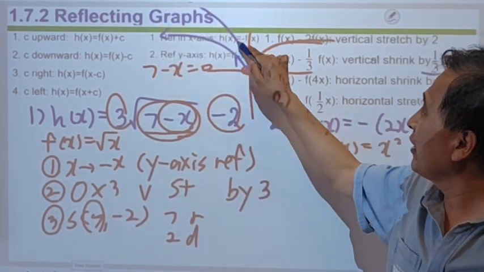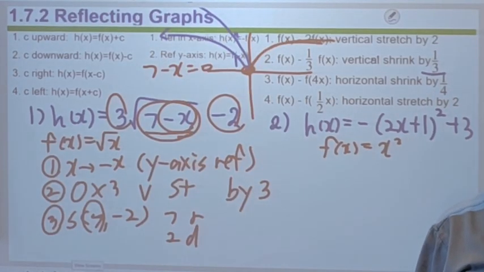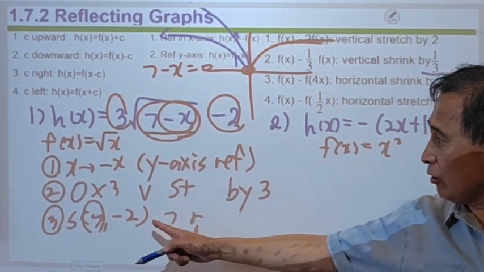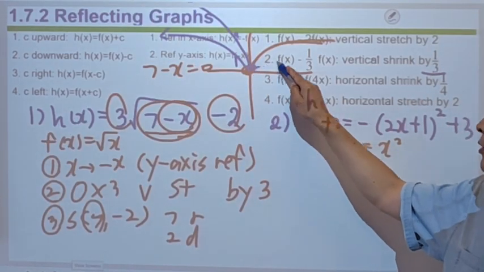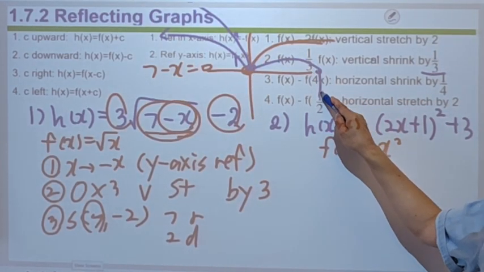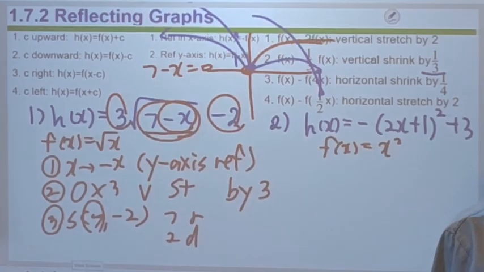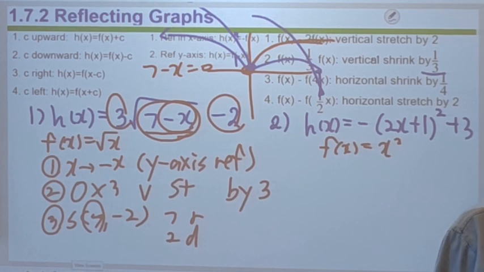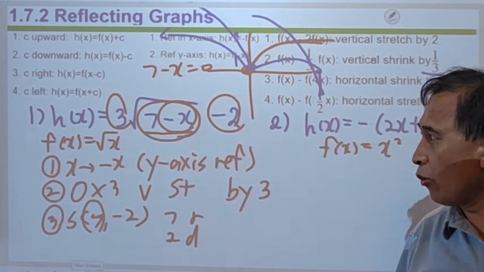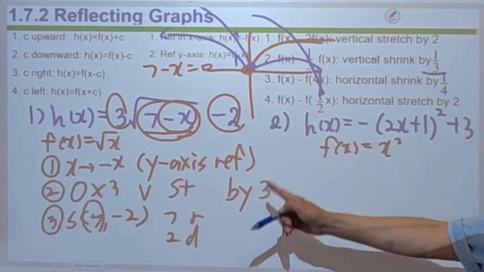So maybe this is 1, then it should be 3, like that. Everybody got it? And then now, 7 right, 2 down. So this 7, 2 down. So the graph is something like that. You can show the rough graph like this. Make sense? And then from the original function, you show that like this.